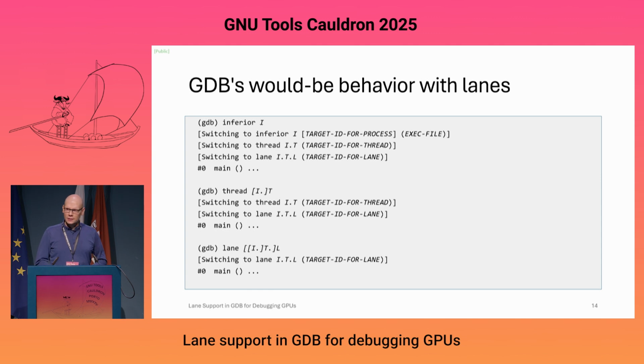When switching the thread, today GDB says switching to thread, and then gives you the frame information. Now with the existence of lanes, there would be an additional line which also says switching to lane. And when the user switches the lane with the lane command, there would be an informative message.